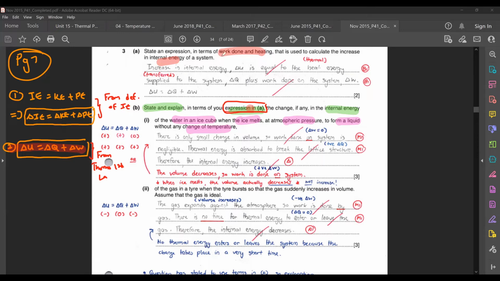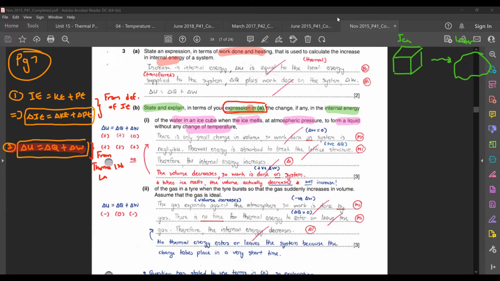Now, there's one thing I need to explain first before we go any further. If I talk to you about ice, and then it changes to, say, water, like this.